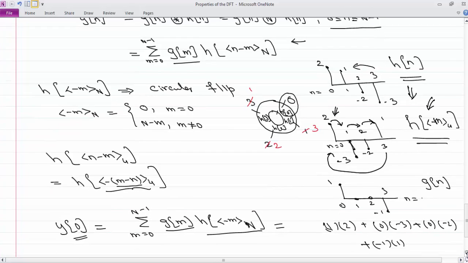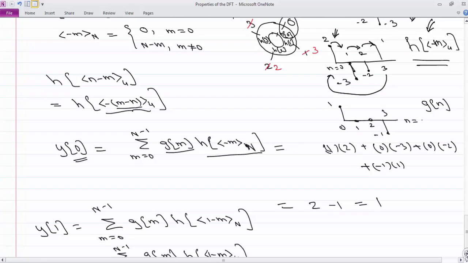So if I were to plot that, h of 1 minus m mod 4 is going to look like this. These are my indices, 0, 1, 2, 3. 2 is going to come at 1.